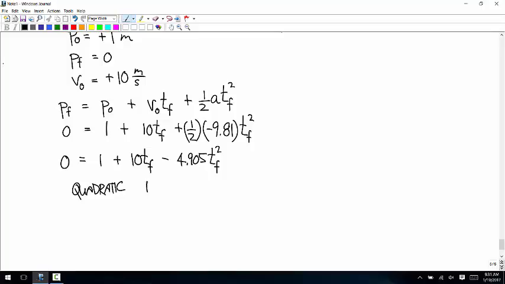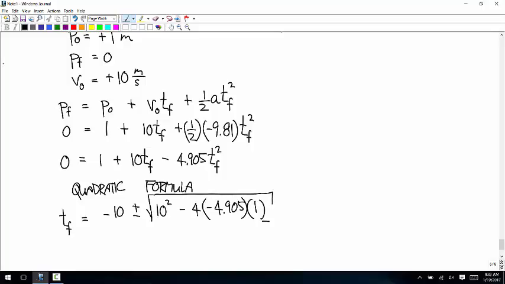So TF is equal to negative 10 plus or minus the square root of 10 squared minus 4 times negative 4.905 times 1, all square root, divided by 2 times negative 4.905. Can someone tell me what those two are?